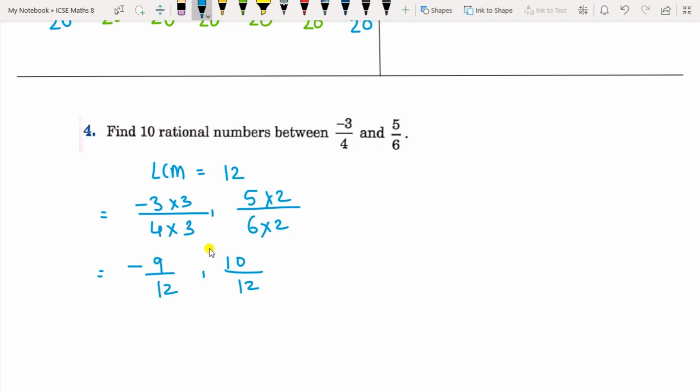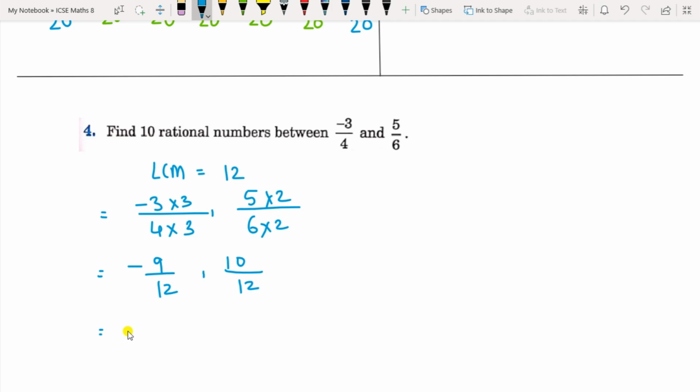Okay, now we want 10 rational numbers. See, here it is minus 9 and here it is 10. So we are getting enough numbers between the two because the difference is more. We do not need to multiply by 10 here, we are already getting a lot of numbers.